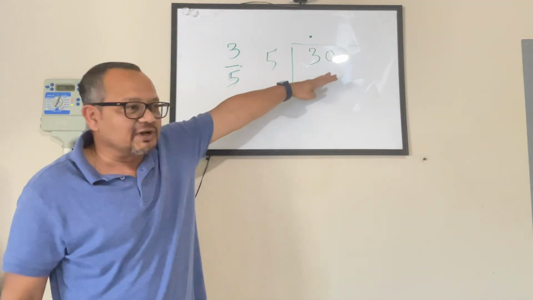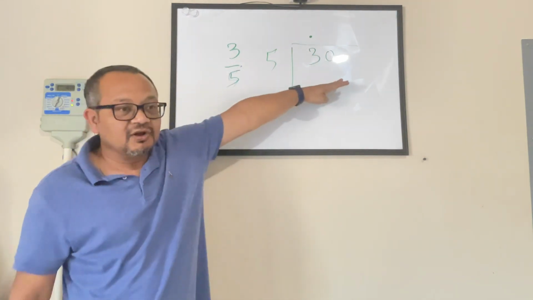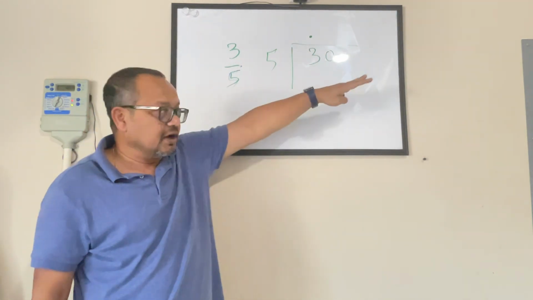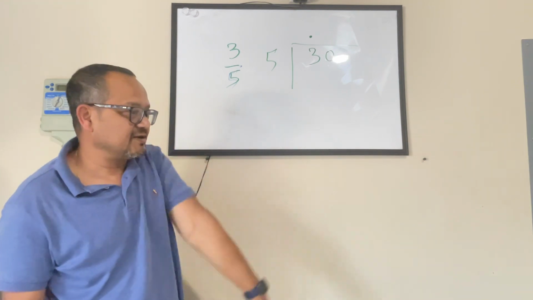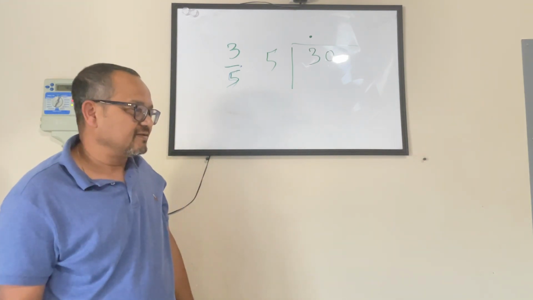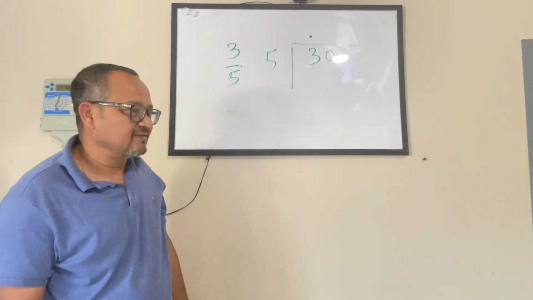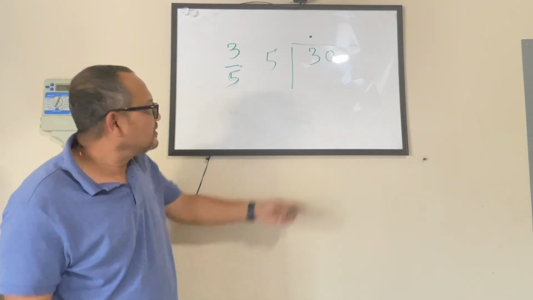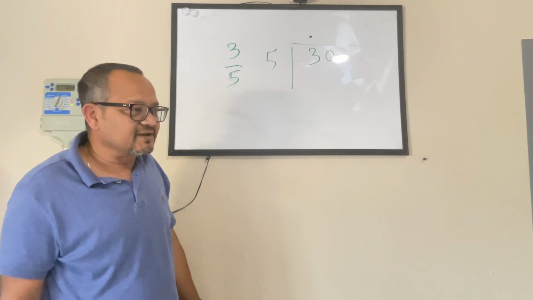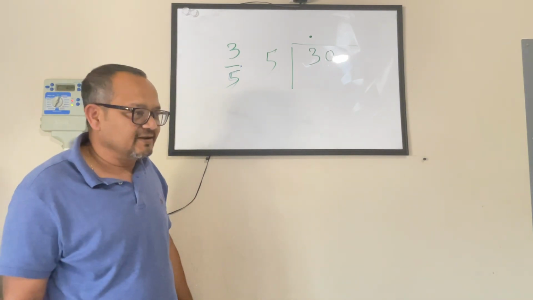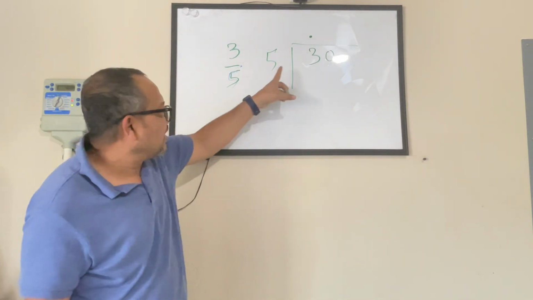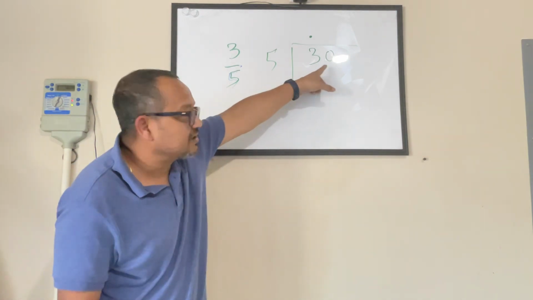So now as soon as you put a decimal, it gives you a 0. Okay. Now Tasvik, what will you do next? Now you'll do simple division, isn't it? Now you're trying to divide 30 by 5.